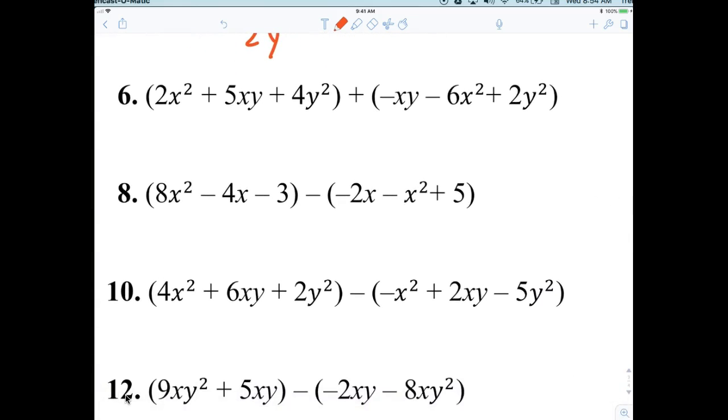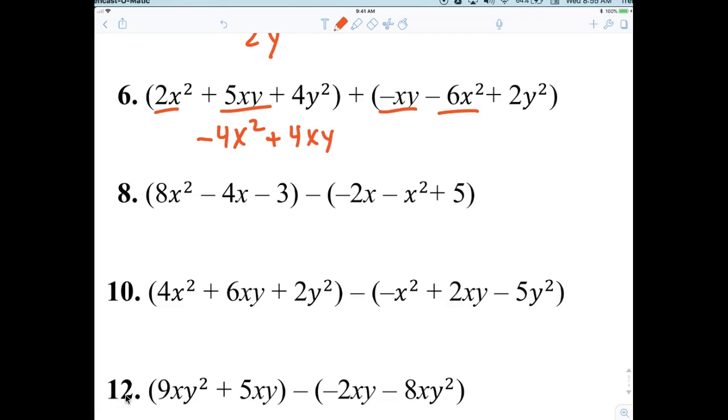For number 6, first you would change your symbols, so it would be negative 4x squared. Then I underline 5xy, and then you do 4xy.